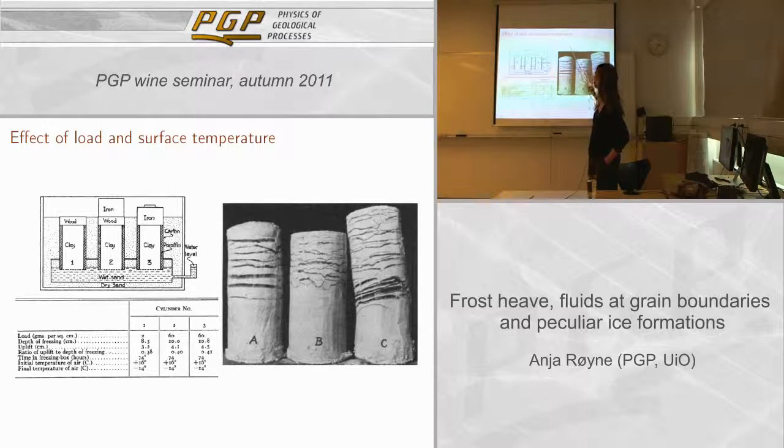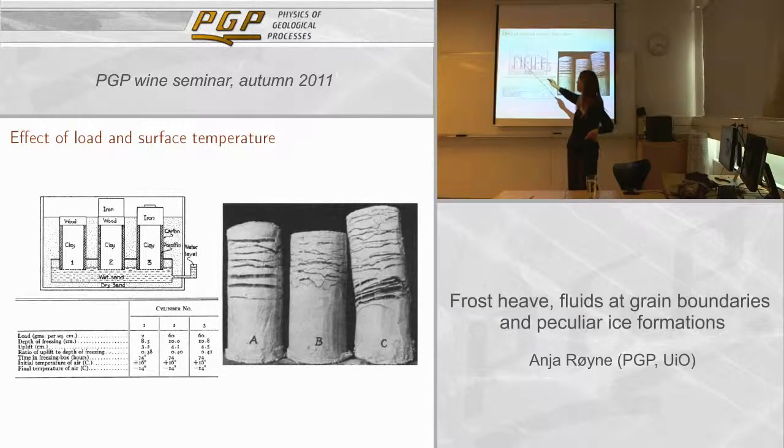So it's basically how far down the 0 degree isotherm moved. So he recorded how far down it rose in centimeters, and then he recorded how much it was lifted up, and then he wrote down the ratio of uplift to freezing, which would then be 0.09 if it was just water expanding. So this was around 0.4 in this case. And then he experimented with different loads on top just to simulate this heaving process.